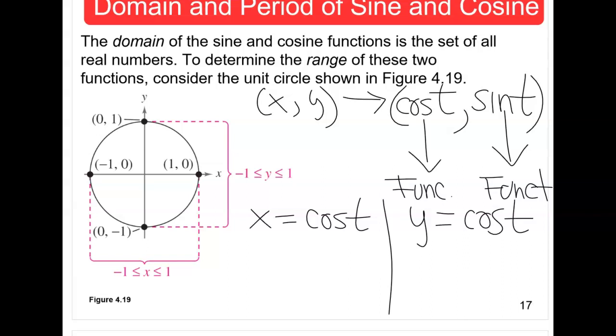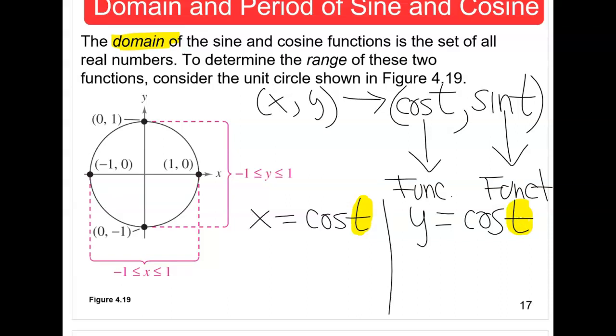Now, we're so used to seeing things like x equals y, or y equals x, or y equals x squared. Now, what we're doing is saying that the domain, which is the input of this function, is going to be t for both. That's the domain.